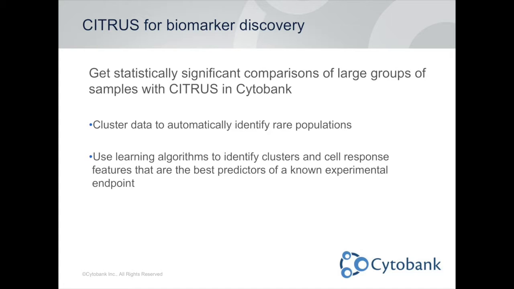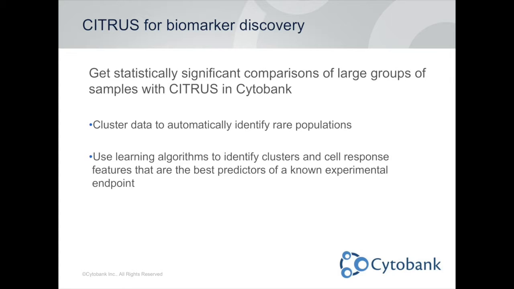Citrus is another kind of dimensionality reduction algorithm, except it's geared towards a little bit different kind of data. Citrus allows you to get statistically significant comparisons of large groups of samples instead of just a few samples at a time. So the way it works is it essentially clusters your data automatically to identify rare populations, similar to how SPADE goes about clustering.